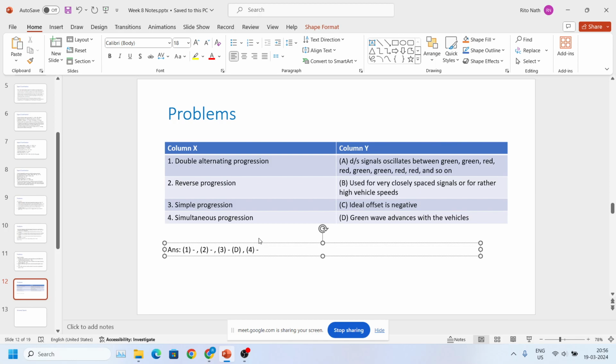For reverse progression, you will have, I think, ideal offset as negative. Let's see. Yeah, so 2 should be C.